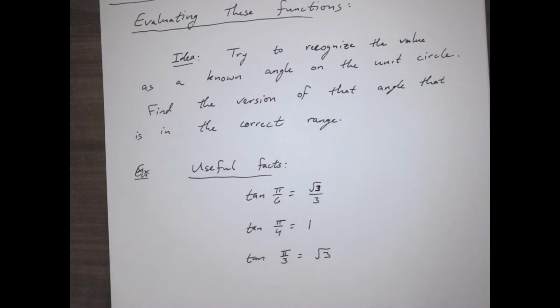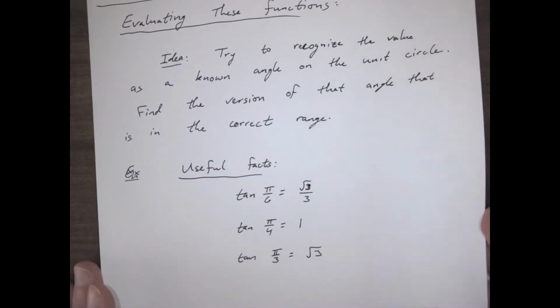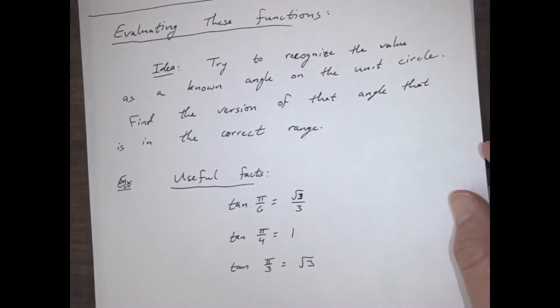So you've actually found each of these individually at some point by just putting the y over the x and rationalizing denominators and things like that. But it turns out it's useful to just have these stored away in your memory. Okay, now let's try some examples.